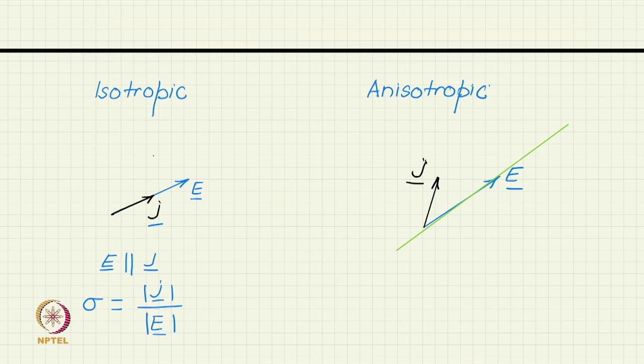The current density generated may not be in that direction, but then we take the projection of J, let us call that J parallel, in the direction of E, and we define the electrical conductivity in the given direction as J parallel divided by the magnitude of E. That is, the magnitude of the component of the current density in the direction of the electric field divided by the magnitude of the electric field is the conductivity in the direction of the applied electric field.